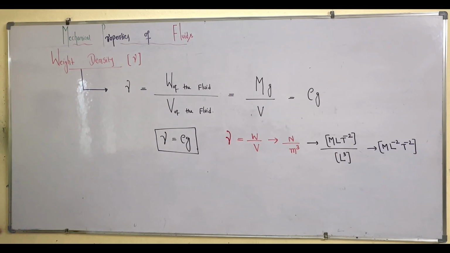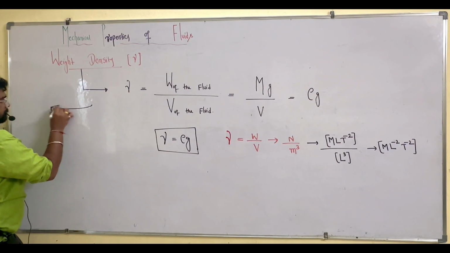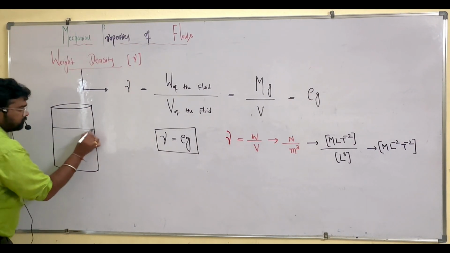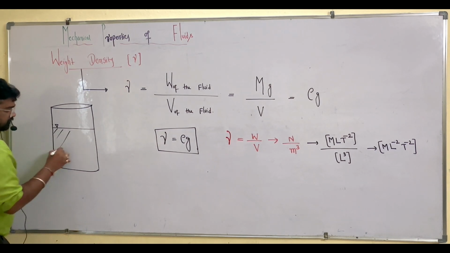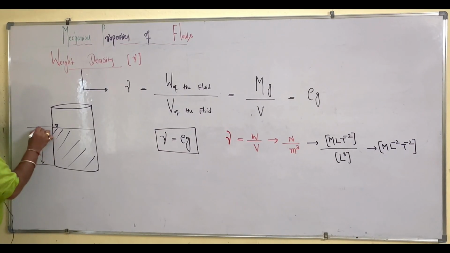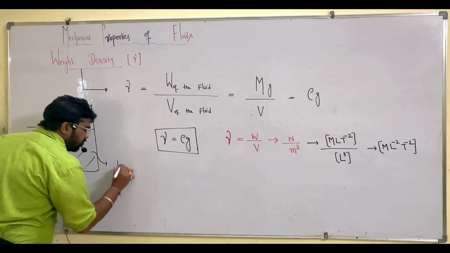So how to calculate the weight of the fluid? Here, this is the beaker, and the weight of the fluid is present in this, with height H. What is the weight of the fluid?